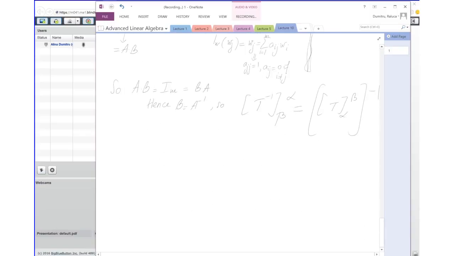So let's show this in general. Let's say note: let T be a linear transformation that is invertible. Then V is, so it's a bit more than I said, V is finite dimensional if and only if W is finite dimensional.